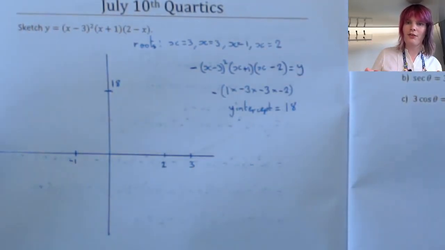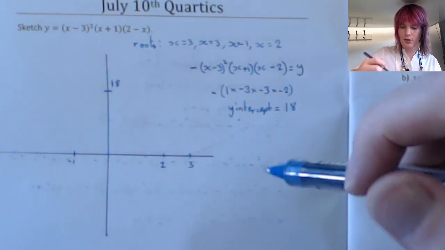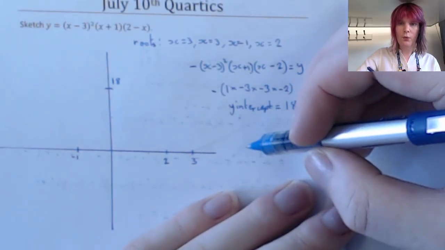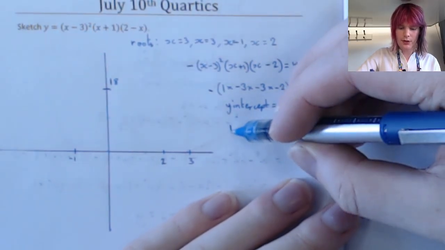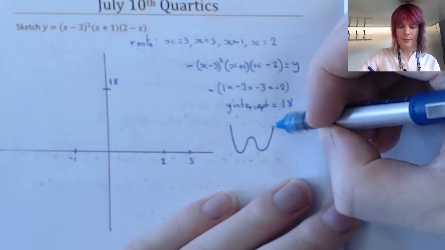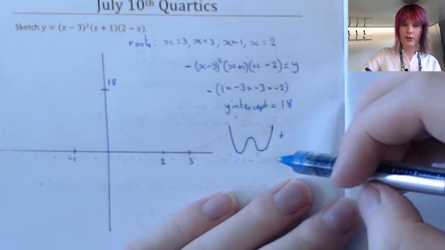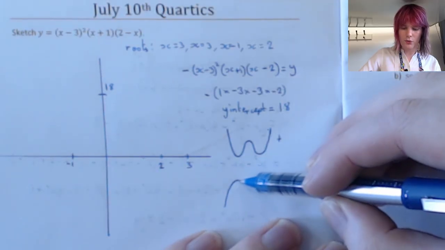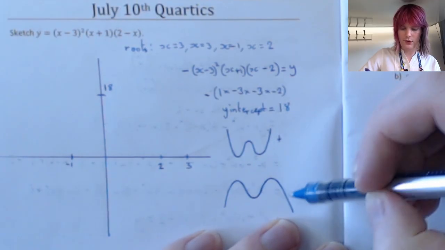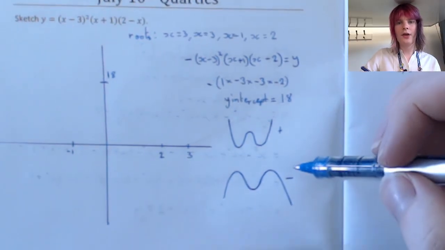So, with all that information kind of talked through, we can also think about the general shape of one of these graphs. So I'll just add a note on that as well. A quartic, in general, kind of has this W shape. So that would be a positive quartic, and then a negative quartic would kind of look a bit like that. So that's our negative.